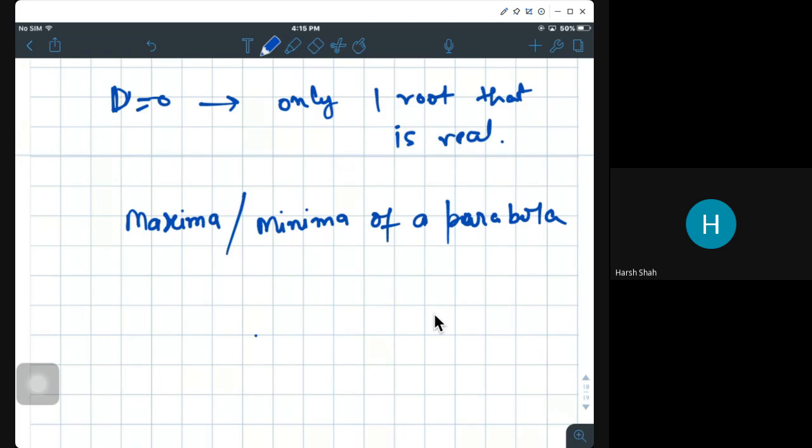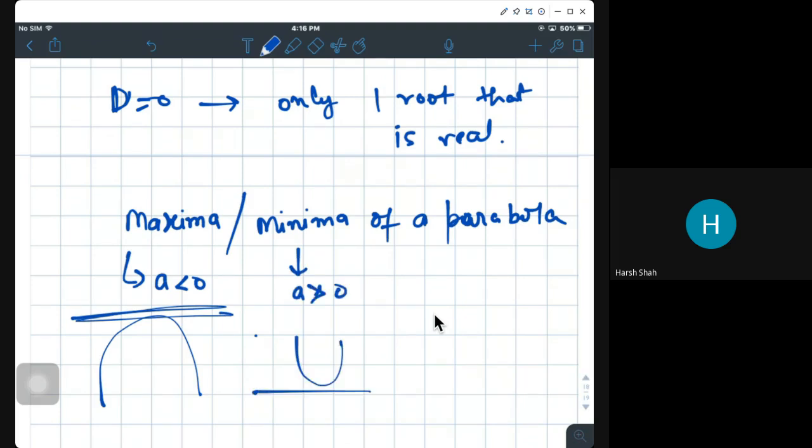I'll directly give the formula. Maxima or minima of a parabola, right? Take these terms as, if you have a less than 0, that means you have this graph, you have a maxima. If you have a greater than 0, you have this graph, you have a minima.